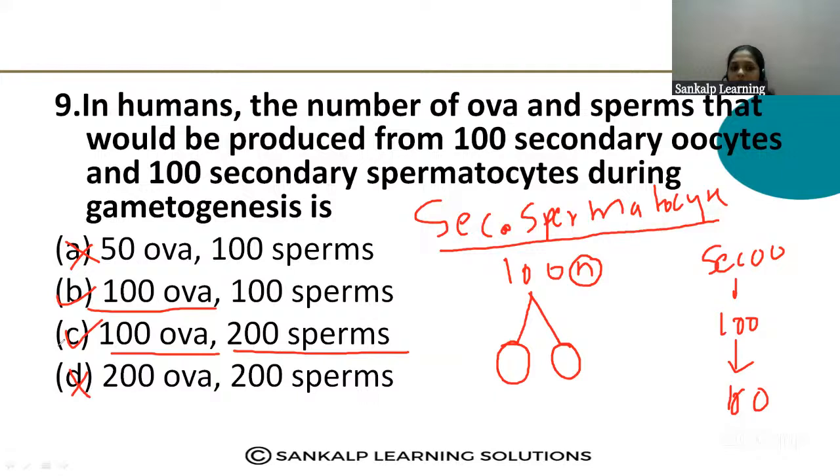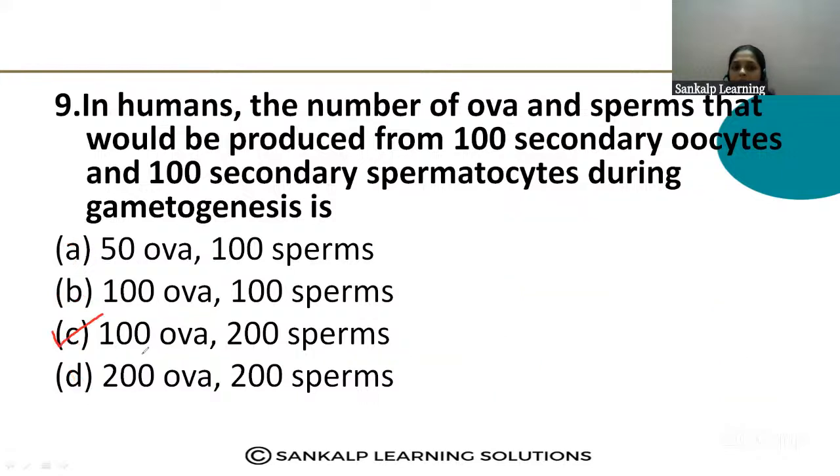So option C is the correct answer. They ask this type of question. One secondary spermatocyte produces two sperms. Totally 100 spermatocytes produce 200 sperms. That is the correct answer.